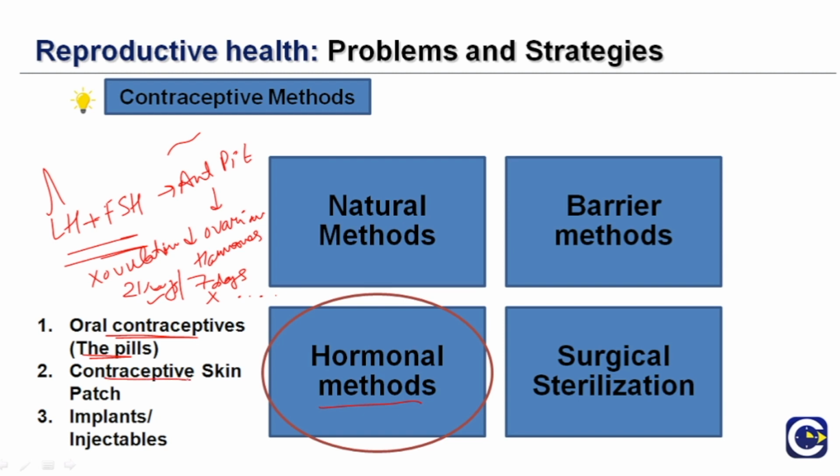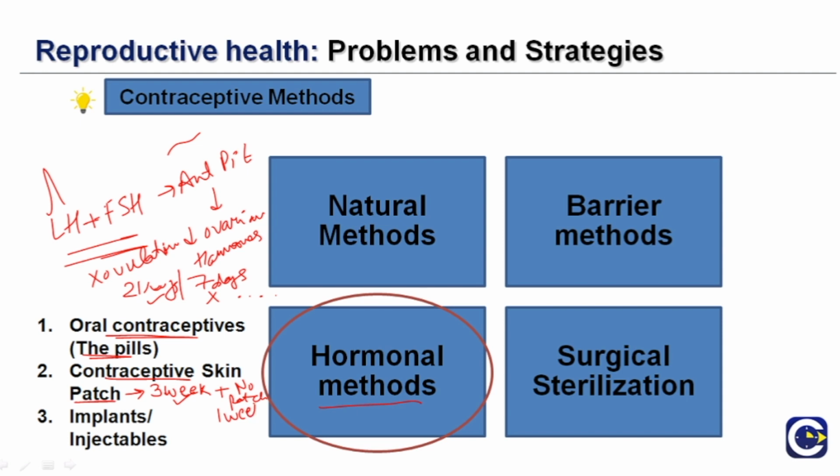The next one we saw was the contraceptive skin patch. That is a patch with hormones on the skin, not under the skin, which can be on the upper arm, on the back, on the lower abdomen, or on the buttocks. One patch stays at one place for 1 week. So for 3 weeks you have a patch, and every week you have the patch at a different location, and then there is no patch for 1 week.